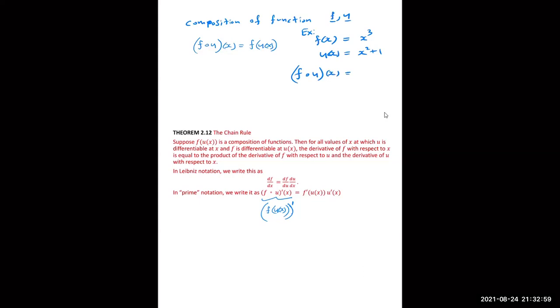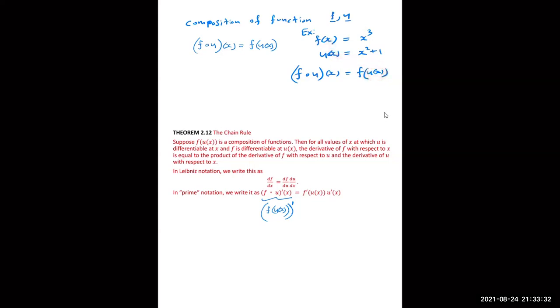By this definition, this is nothing but f of u of x. Now to calculate f of u of x, you need to plug in u of x inside your function f of x. You replace your x in the function f of x by x squared plus 1, because you have to put this u of x as the input of your function f of x.